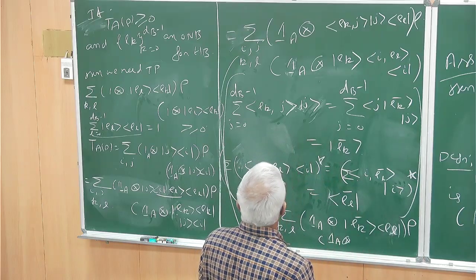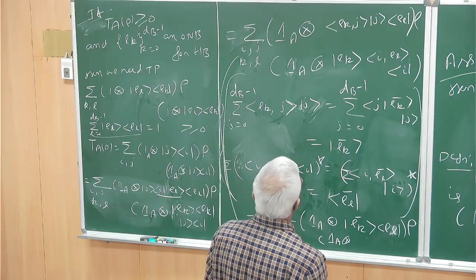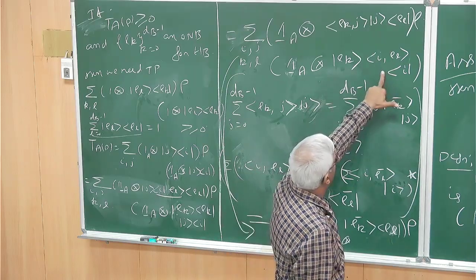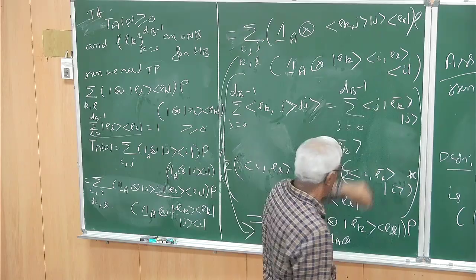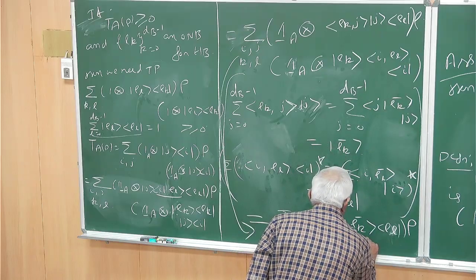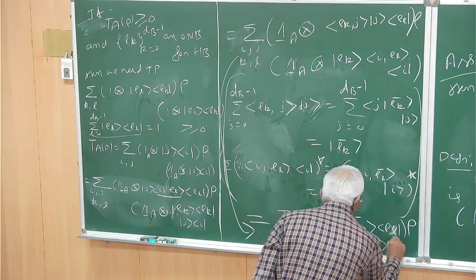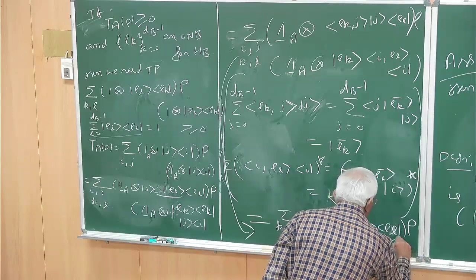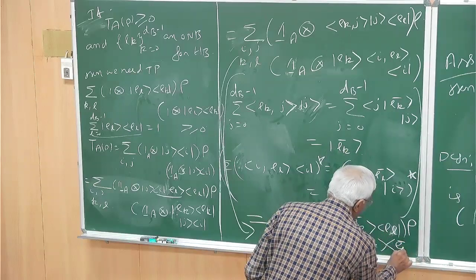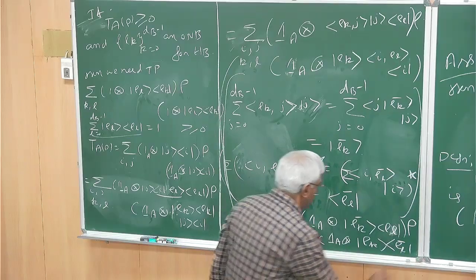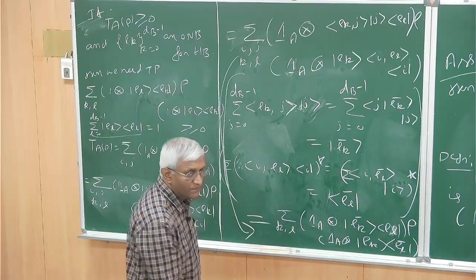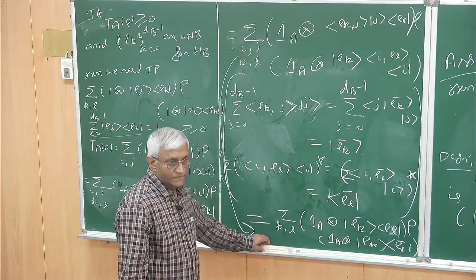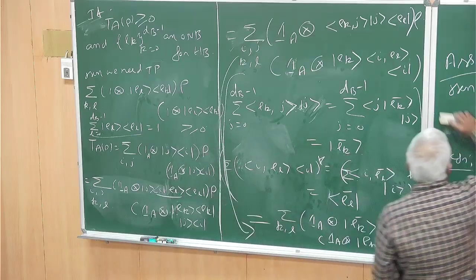What will we get there? |e_k>, e_l bar. Okay, things fine.